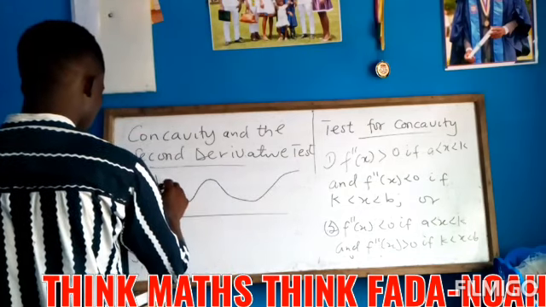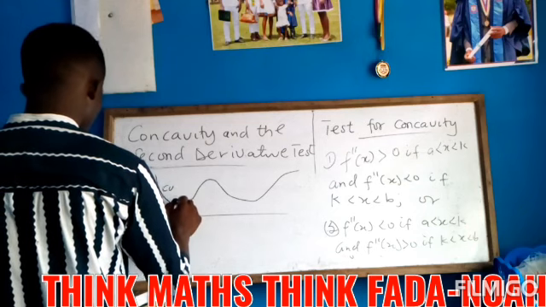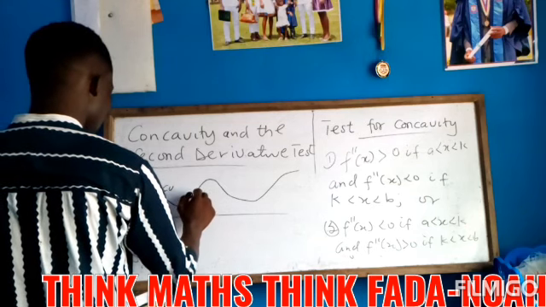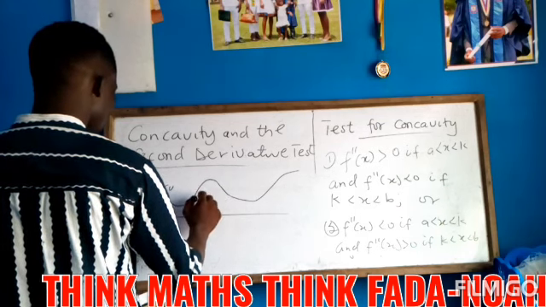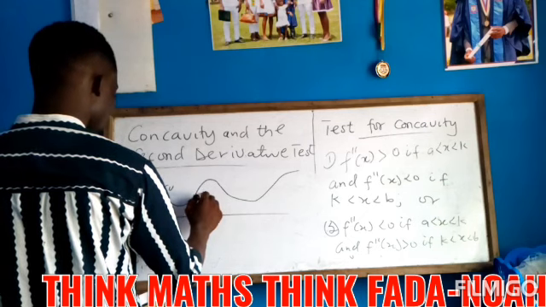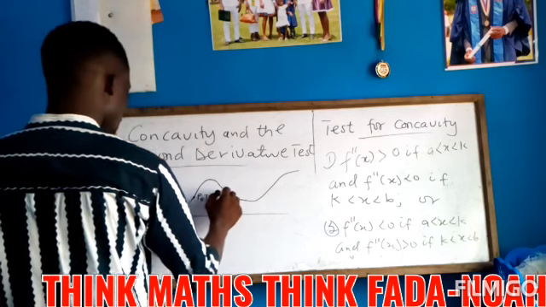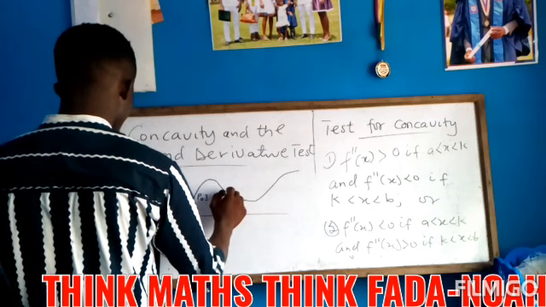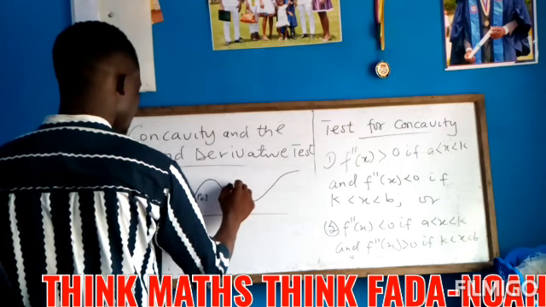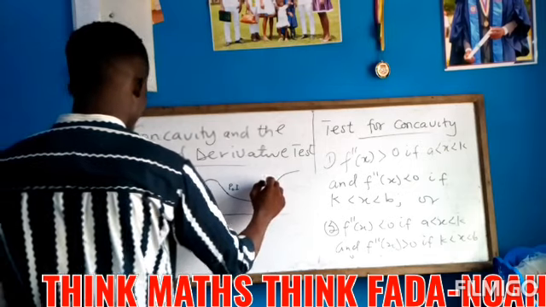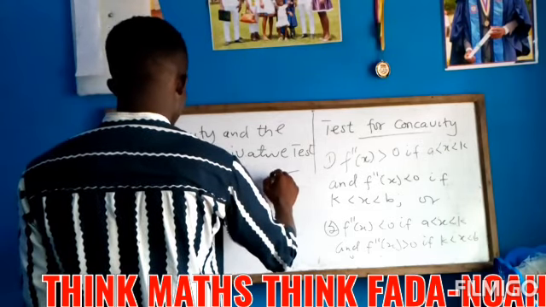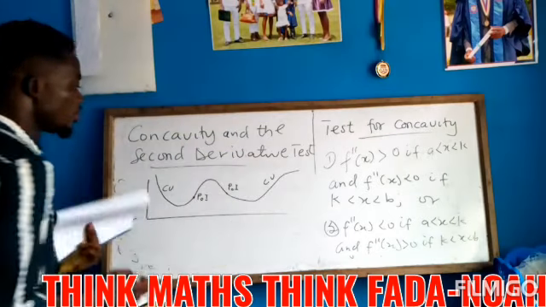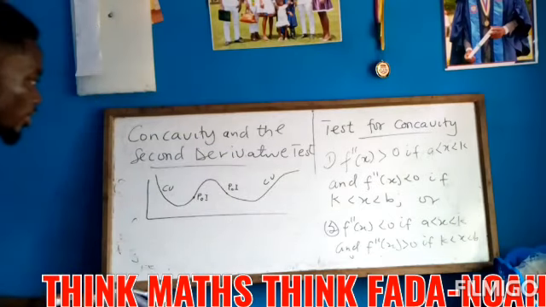So we have concave upward, we have a point here, let's call it P O I. We have another point here, P O I. We have another turning point here. So let's look at the meaning of this one.